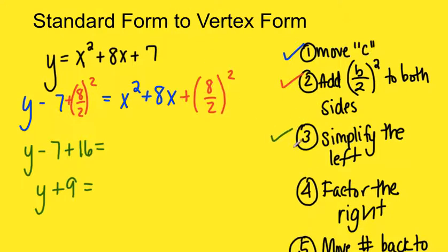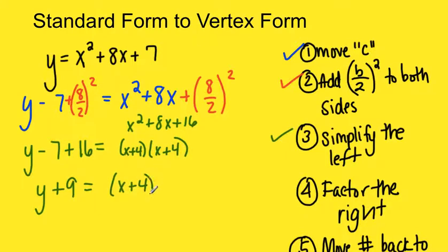Now we're going to factor the right. So what's really happening here is you have x squared plus 8x plus 16, and that factors to x plus 4 and x plus 4, which goes to x plus 4 squared. Now usually we jump straight from here to here, because I've told you to drop the x here, and whatever's in the parentheses you put here, and the sign is the same as what's in the parentheses as well, so it's plus 4.